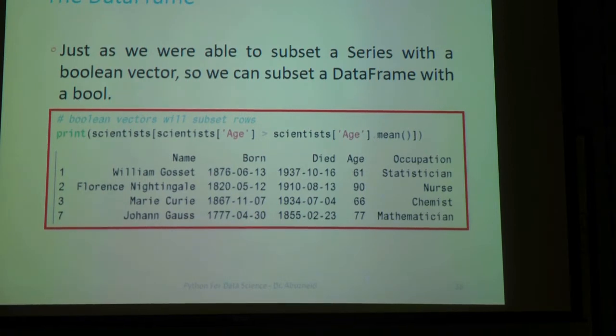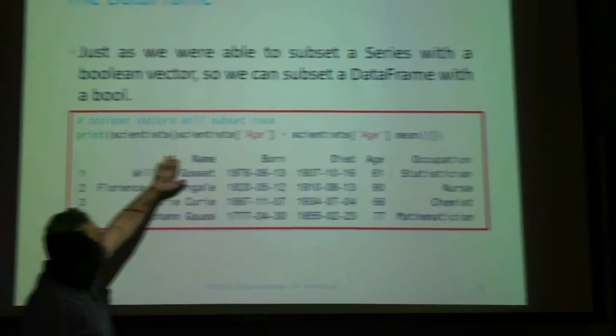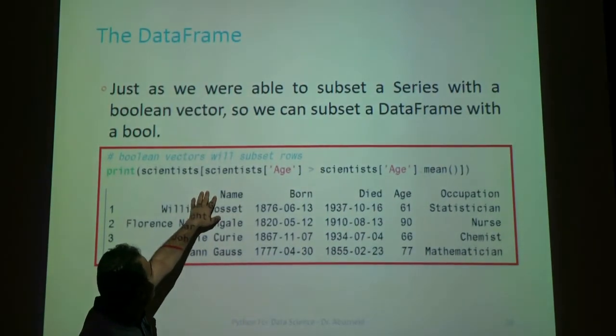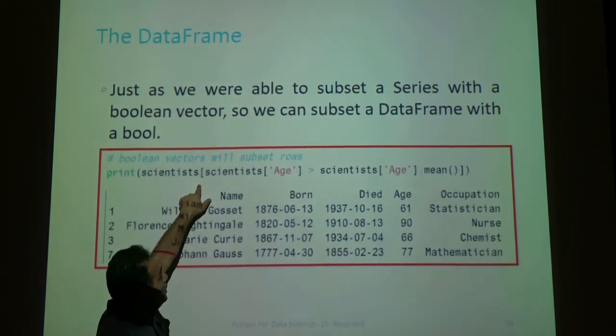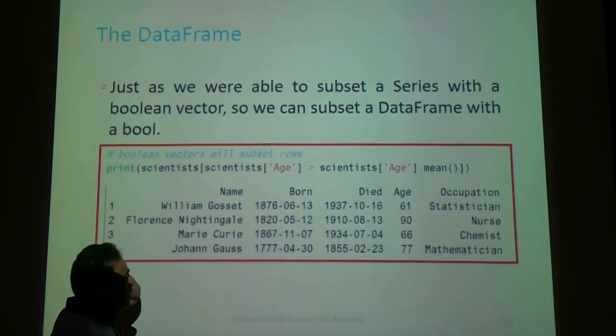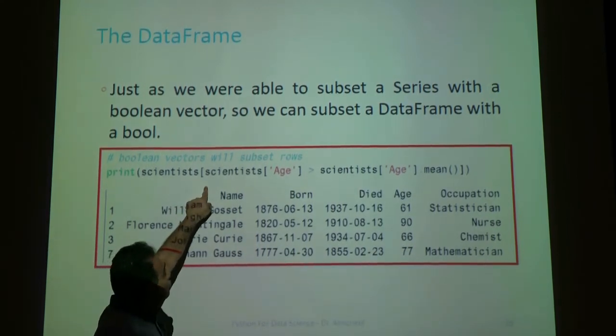So as you said, once you create the data frame, you could create logical operations on the data frame. For example, in here, scientists, you have to pick the rows.